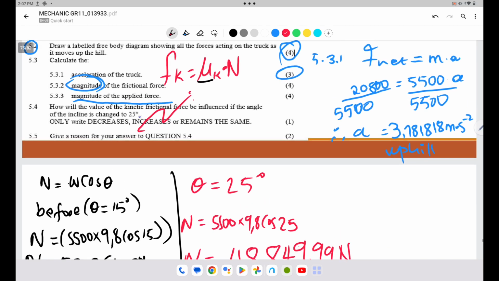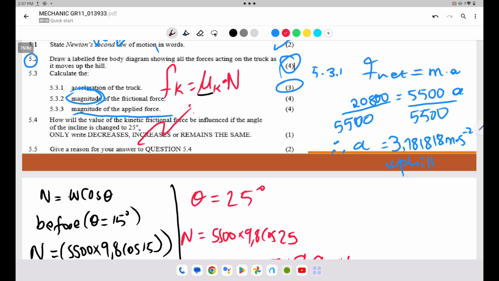But from the equation, I want us to check the relationship between the normal and the kinetic friction. There's kinetic frictional force, there's the normal. So we're getting a straight line. What does it mean? It means for constant mu k, and indeed the mu k is constant, if the normal increases, fk will increase.